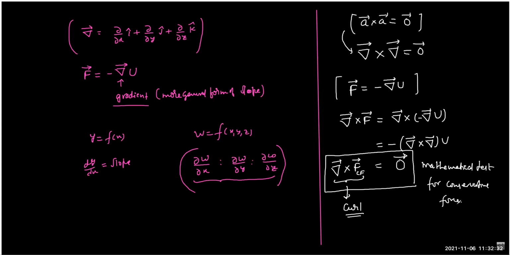So how can we write it in a better way? Del cross F we can write in determinant form because it's a cross of two vectors.